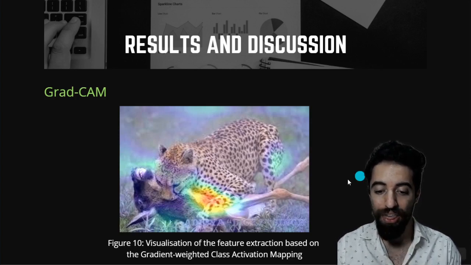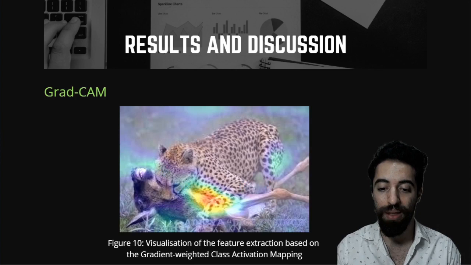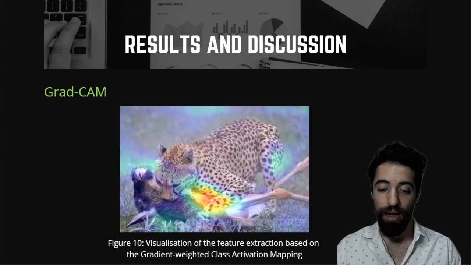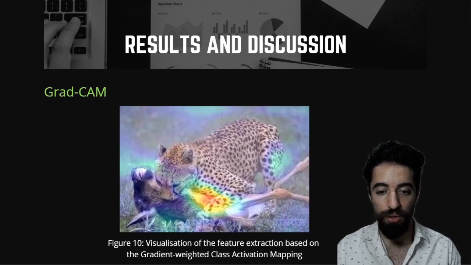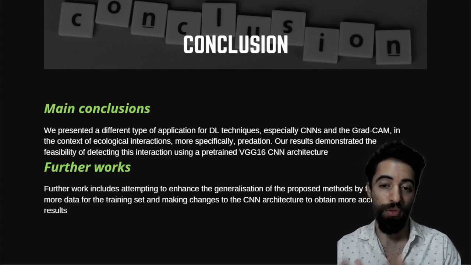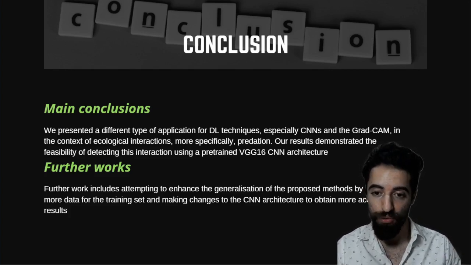So the heat map here shows an interesting picture. We can actually visualize this feature extraction based on that methodology, and we look at this interaction as a guide to see what's happening inside the algorithm. It's really interesting.